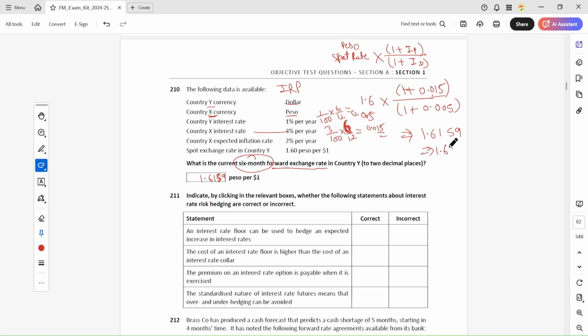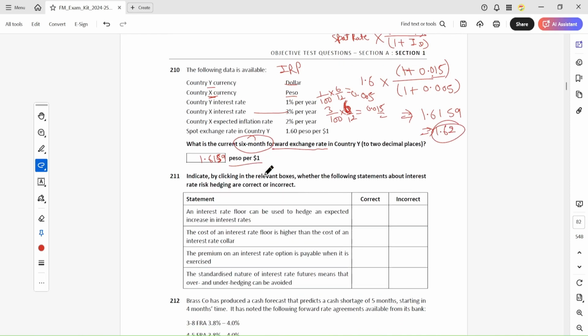I can say 1.62 as well. Okay, this is an interest rate parity question.